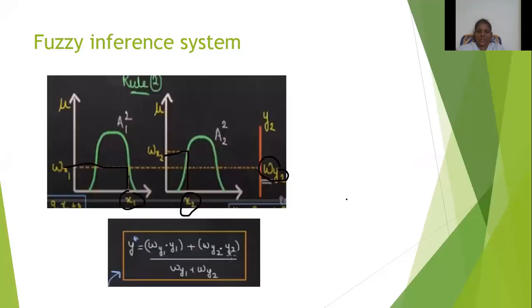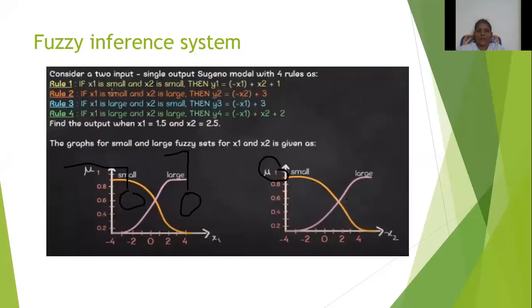Next, if you are having two inputs, single output Sugino model with 4 rules. Okay, please note down this problem. Then you will be having clear idea when you are writing down in a book only.